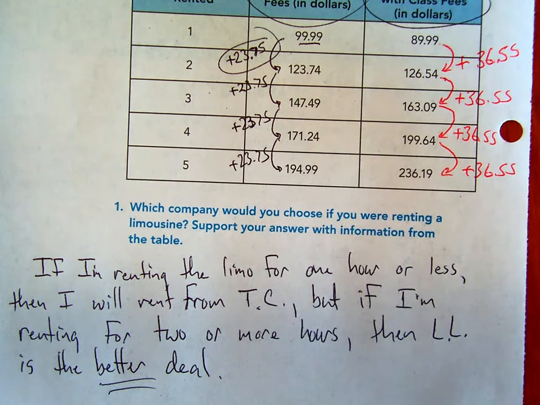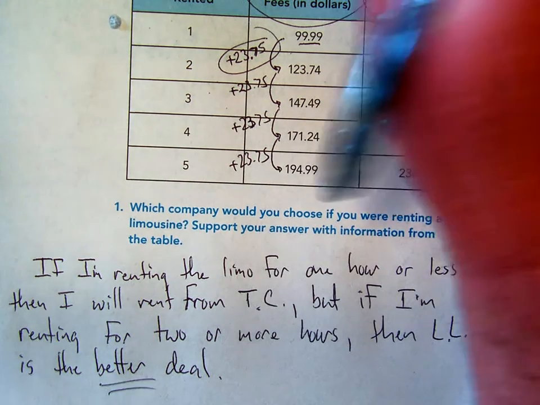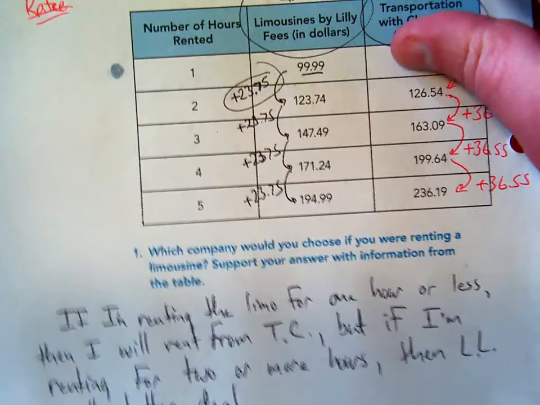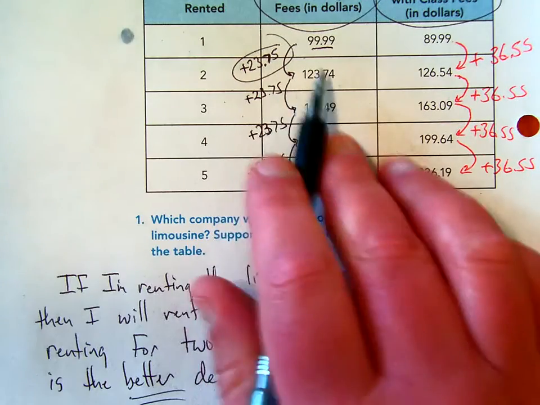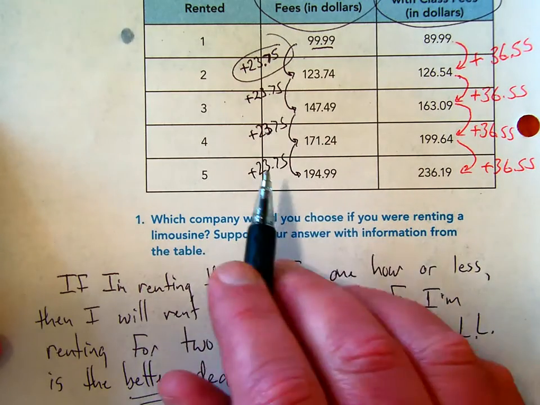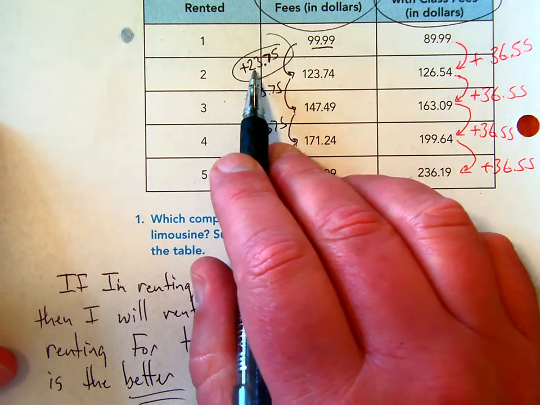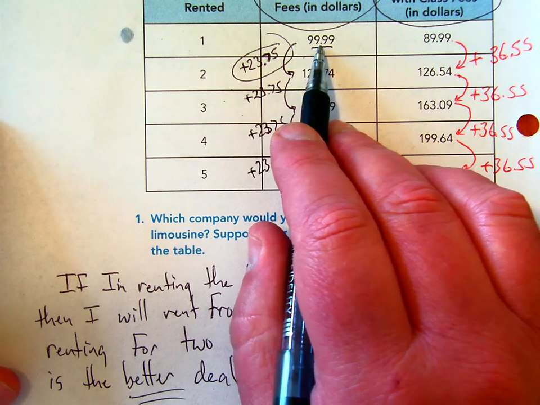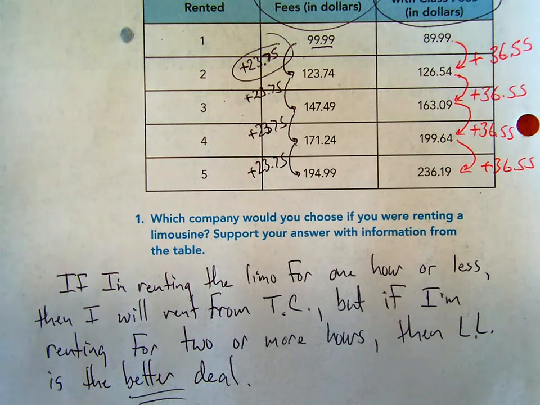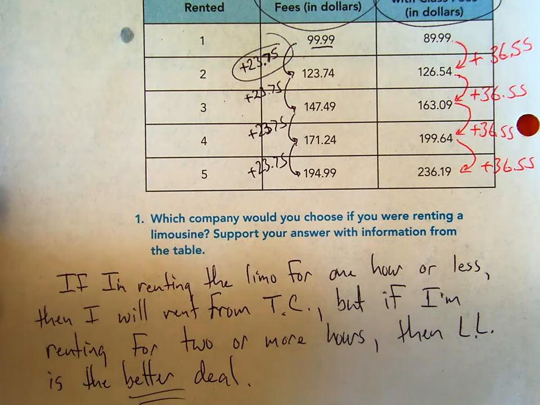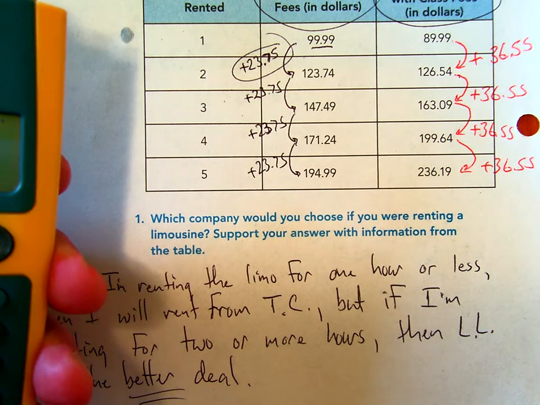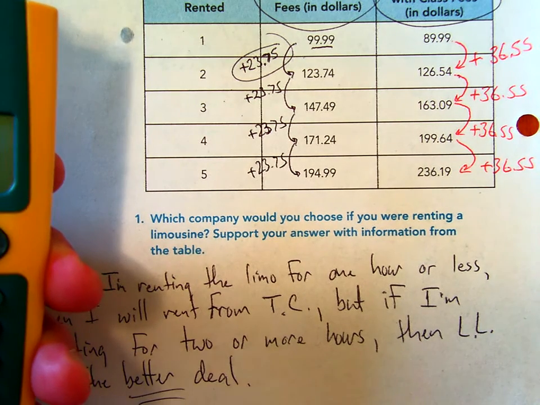So we have to figure out how to write an equation for this. And I'm going to do a little foreshadowing. If we subtract $23.75 from $99.99, how much is that? Turn on my handy calculator. 99.99 minus 23.75, 76.24.